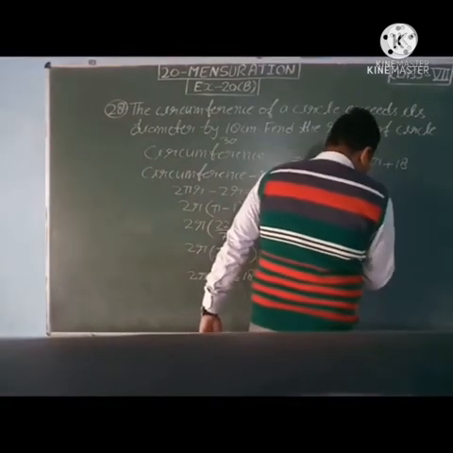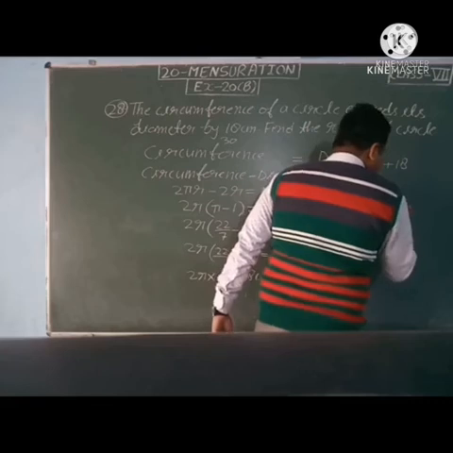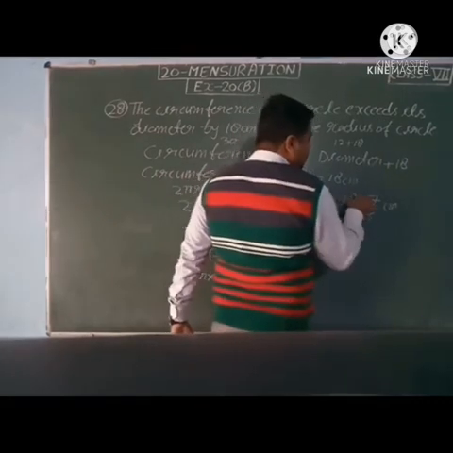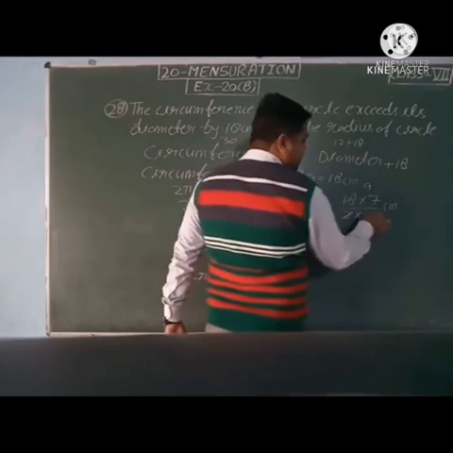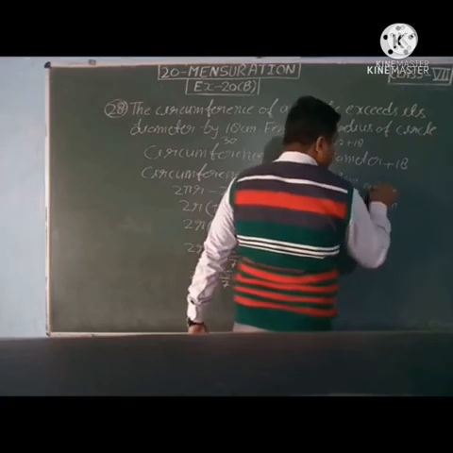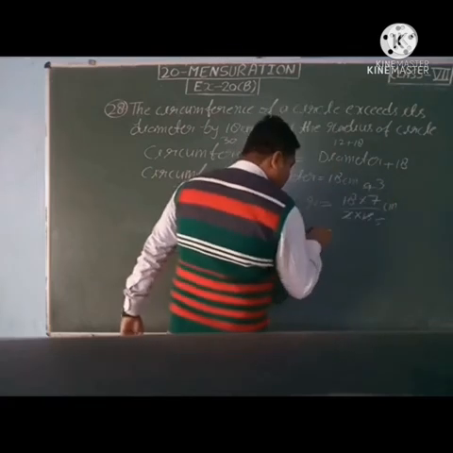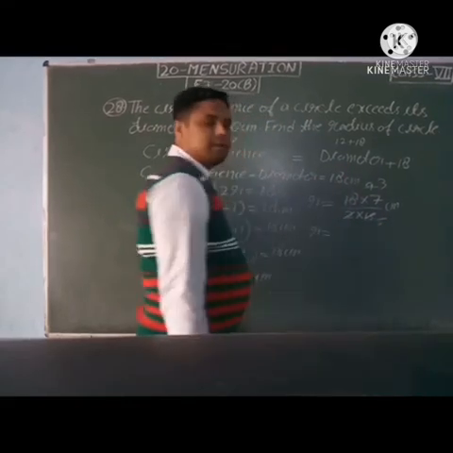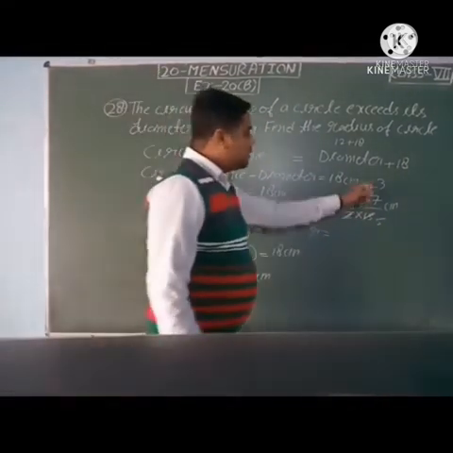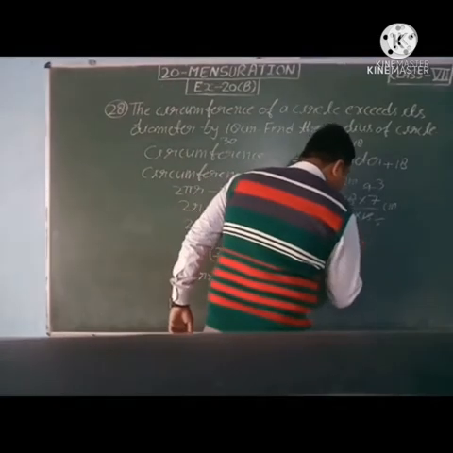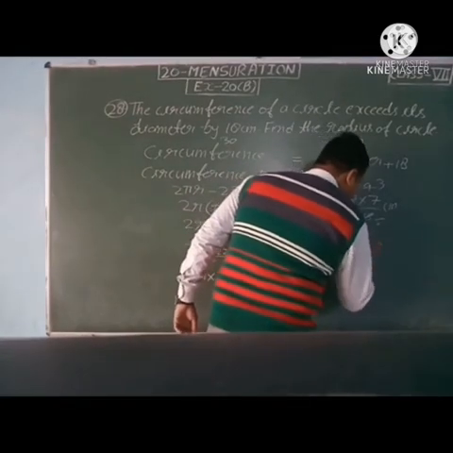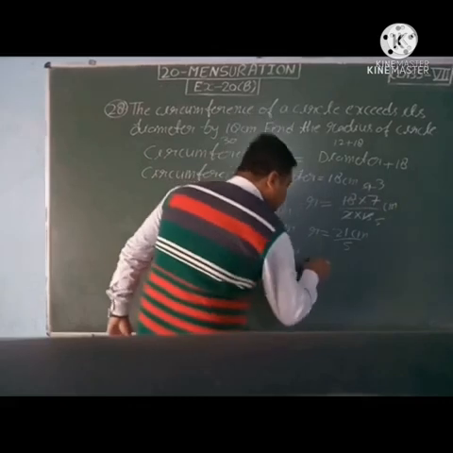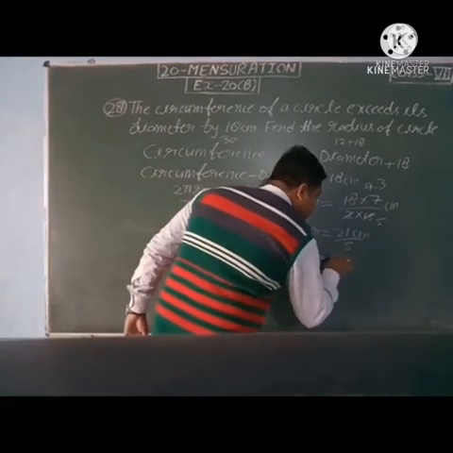So 2 multiply 9, centimeter. 2 9s are 18. 3 5s are 15. 3 3s are 9. R is equal to, now 5 is not divisible by 3 and 7. So 7 3s are 21 centimeter upon 5. So R is equal to 5 4s are 20.